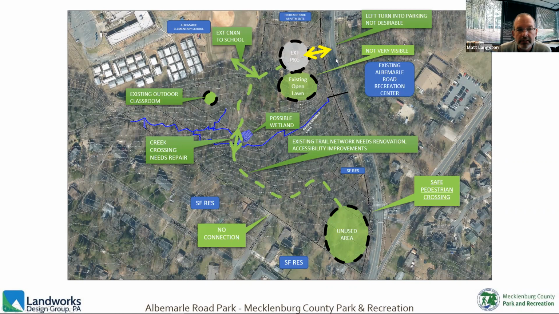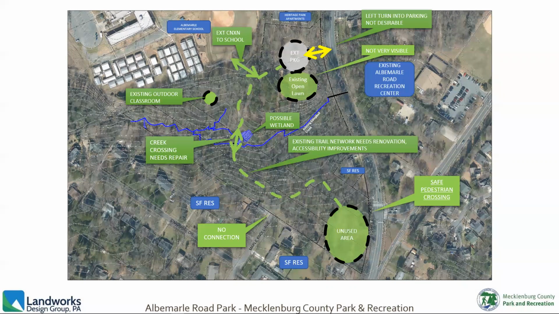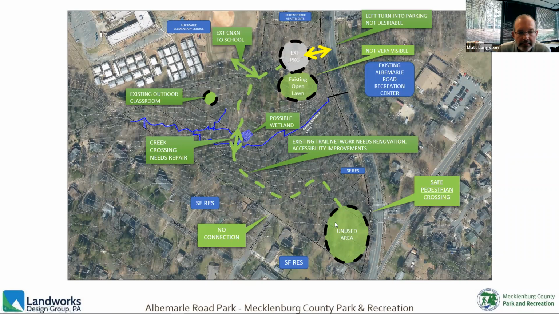Left turns into here are a bit of a challenge, and something that I think as an overall design team has been grappling with. How do you maximize access to the park and then mitigate safety concerns for vehicular traffic and turning movements where you don't have a signal. Down here, as I mentioned, there's a safe pedestrian crossing that isn't really being used.